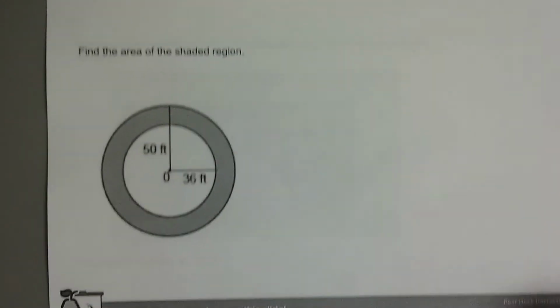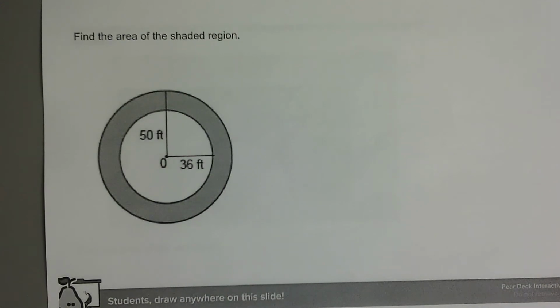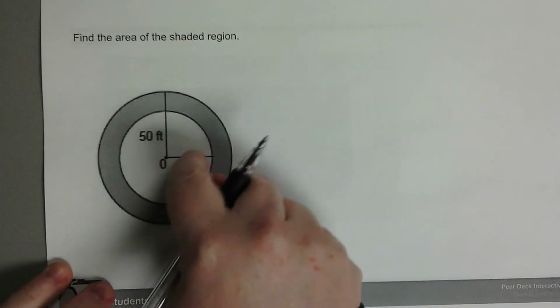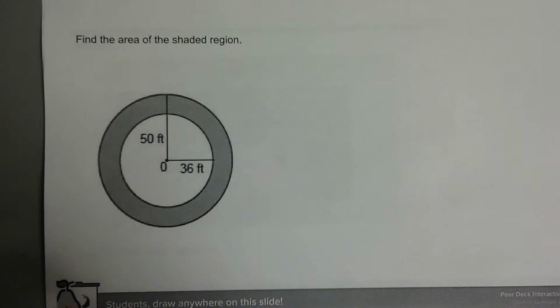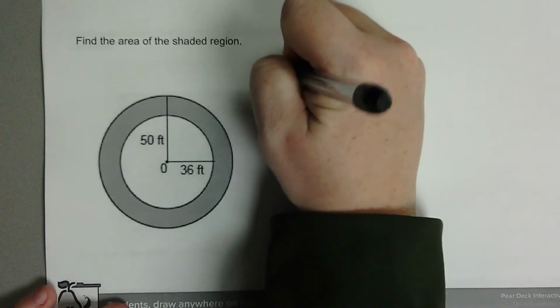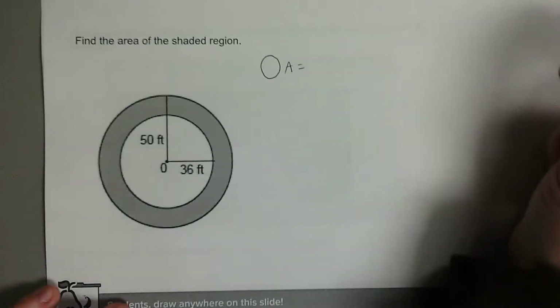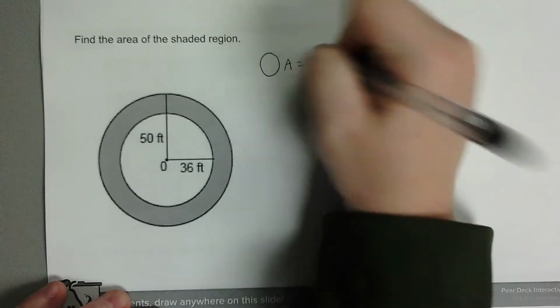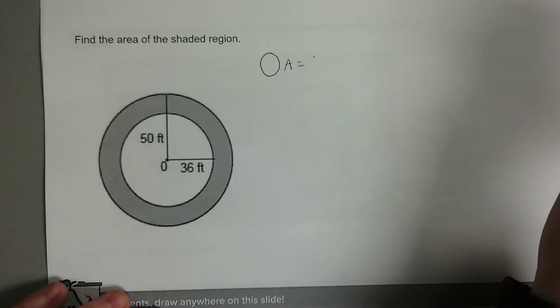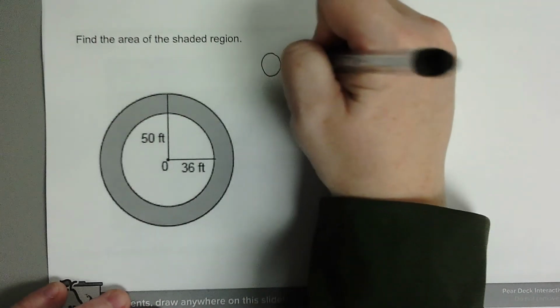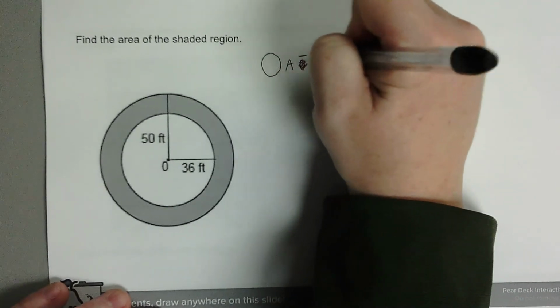Find the area of the shaded region. So we're going to find the area of the big circle, the small circle, and then subtract them. So our big circle area, I can write it minus the area of the small circle.